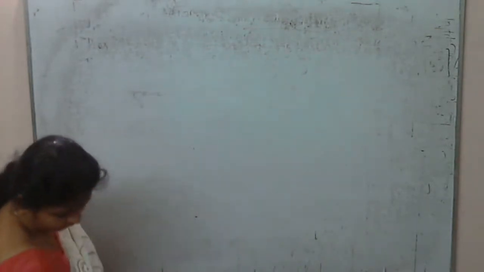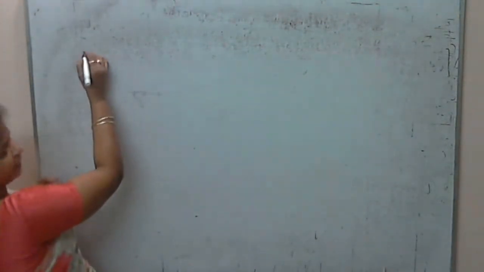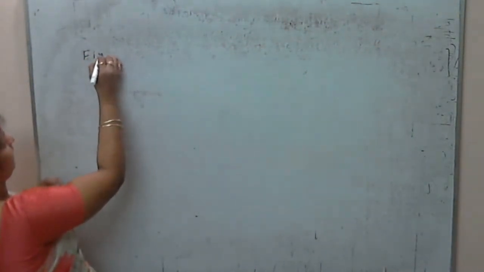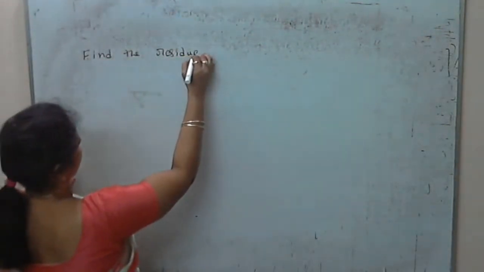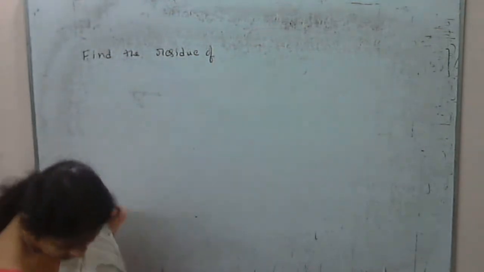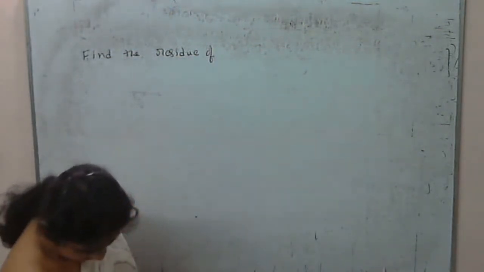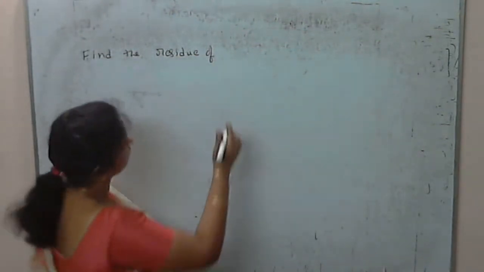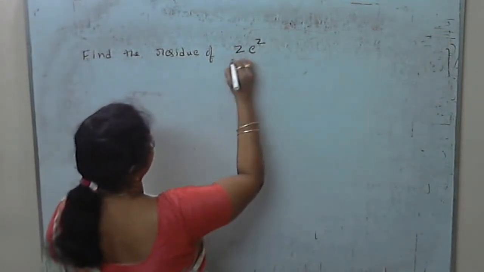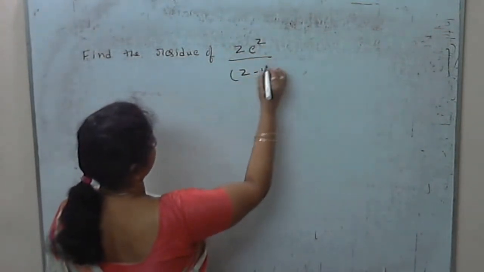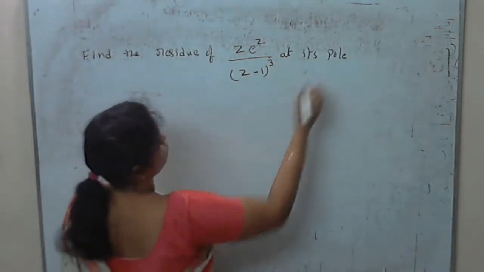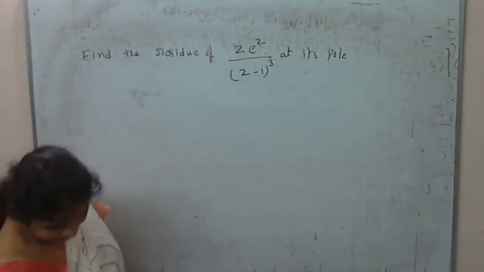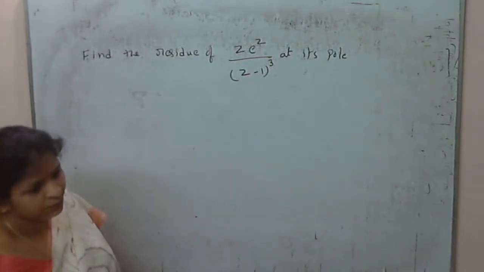Find the residue of z e power z by (z minus 1) whole cube at its pole.